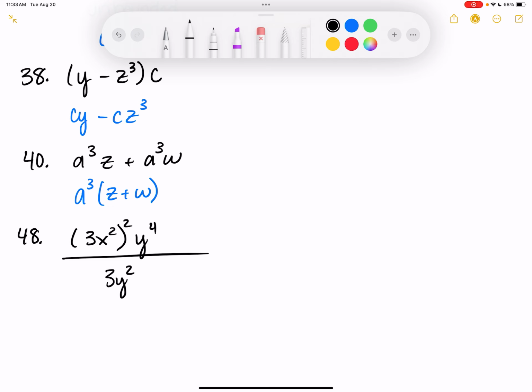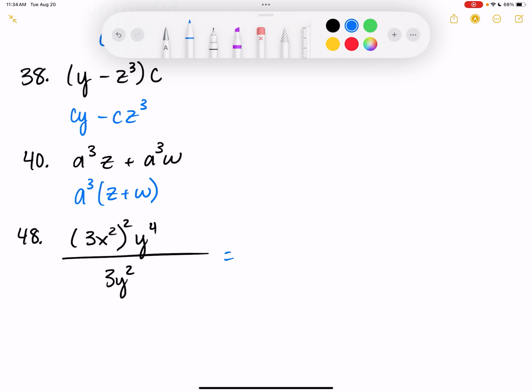Multiply the exponents. So what happens when an exponent is on a parentheses? It goes on the whole thing. So what should that be? 9x to the fourth.